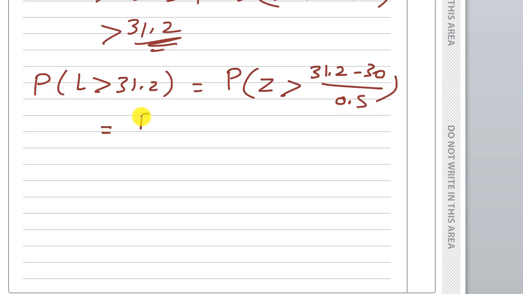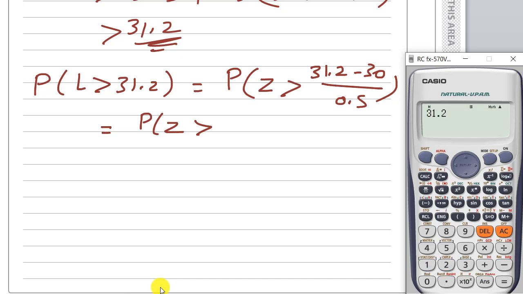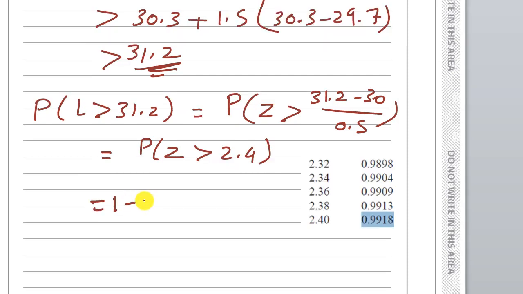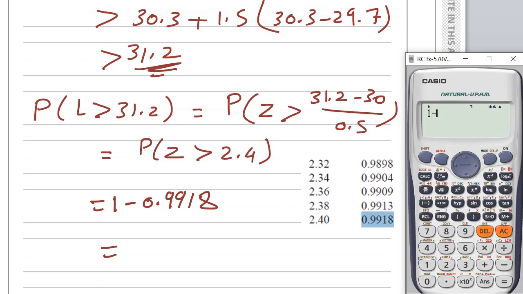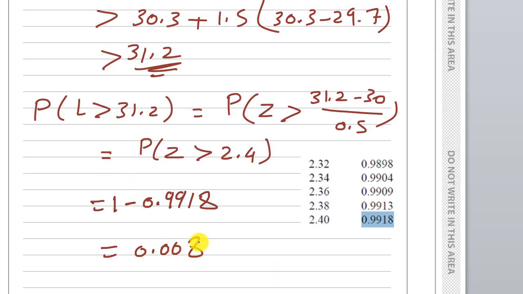So it's equal to probability of Z bigger than, let us find this value, 31.2 minus 30 divided by 0.5, so 2.4. That is 1 minus 0.9918, which is equal to 0.0082.